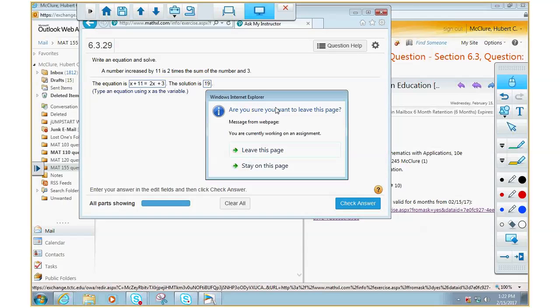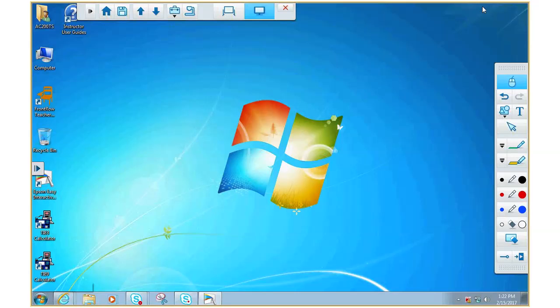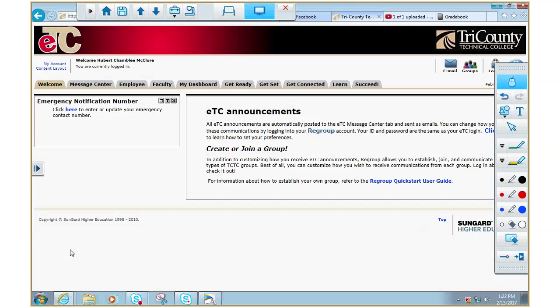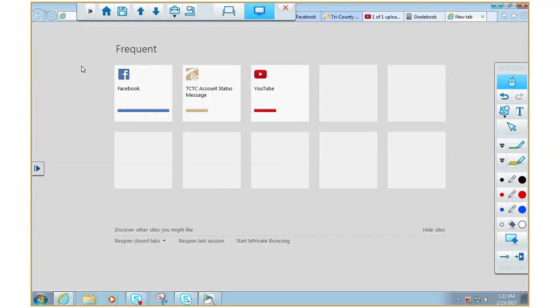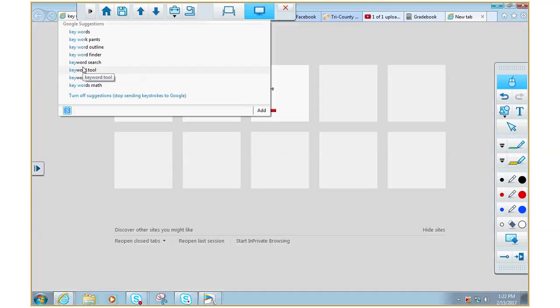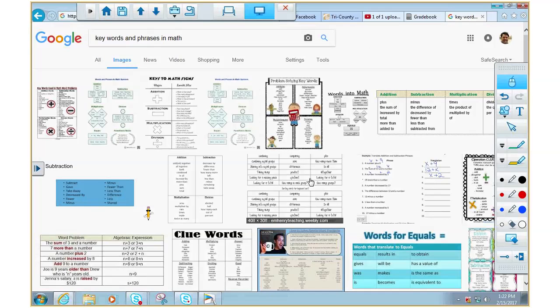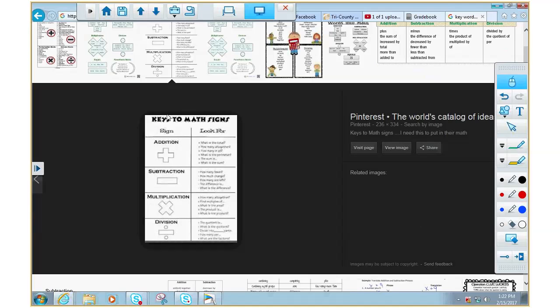That's all right. Now, let me pull up those keywords for y'all. You can Google them. Just pull up keywords and phrases in math, and images.